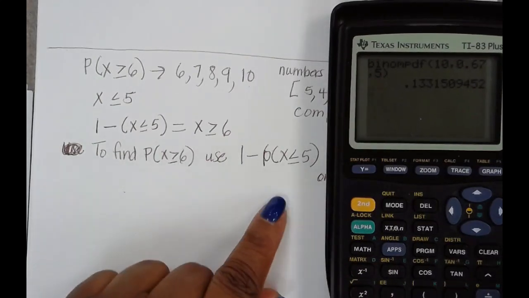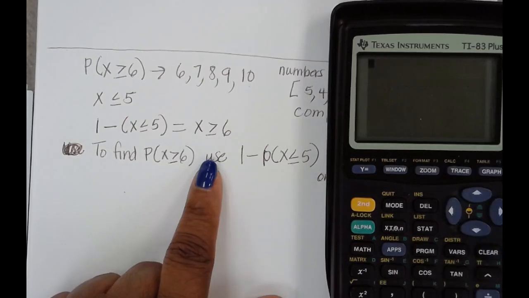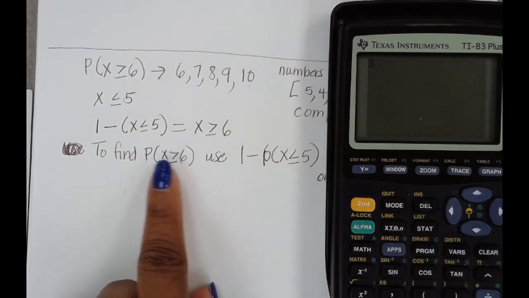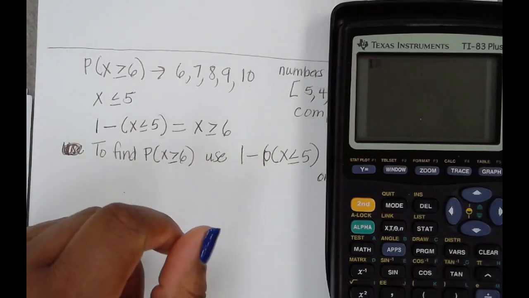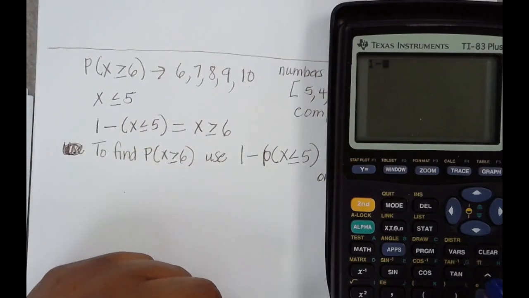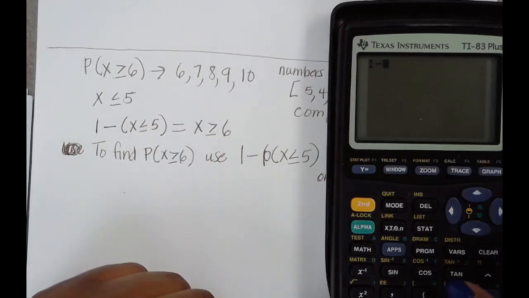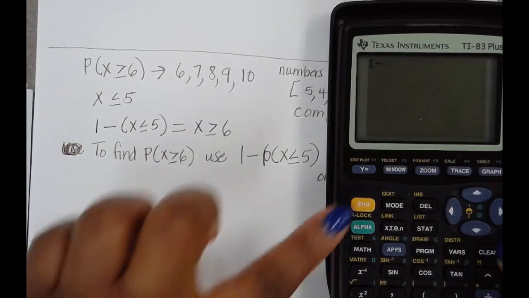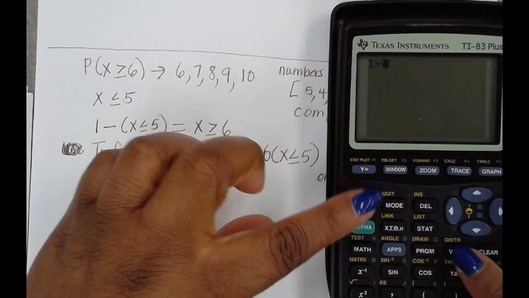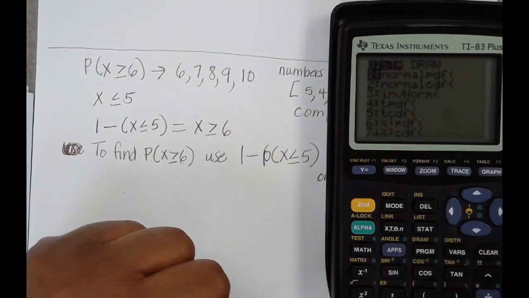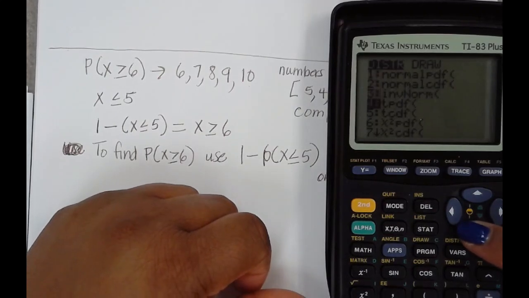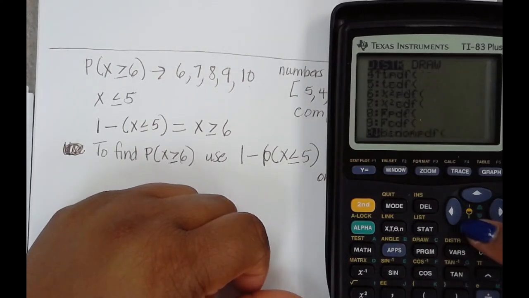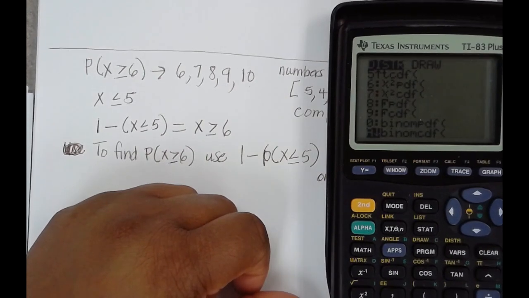I'm sorry, not second, because I need to do this is my work. 1 minus, so 1 minus, I'm going to open up a parenthesis. I don't know if I really have to, but let's see. 1 minus, and now I'm going to do second vars. Scroll down, and this time I want binomial CDF. Choose binomial CDF. Press enter.